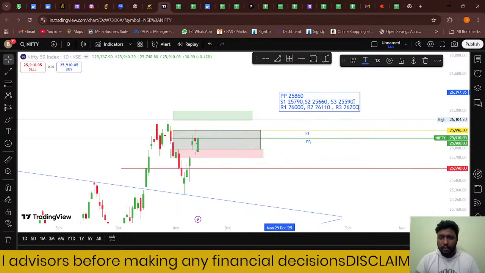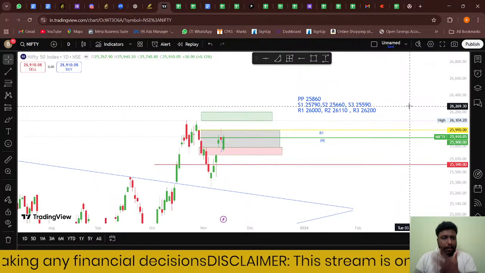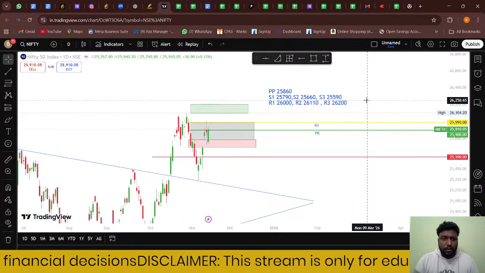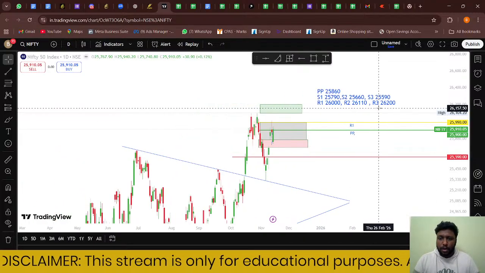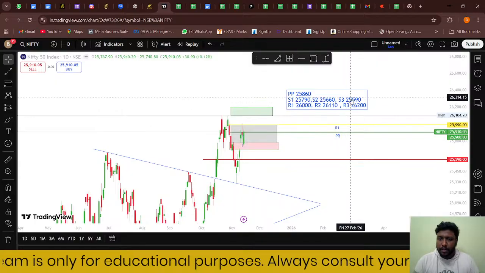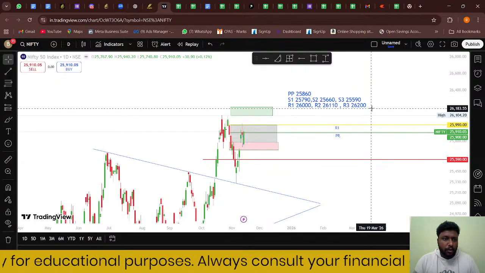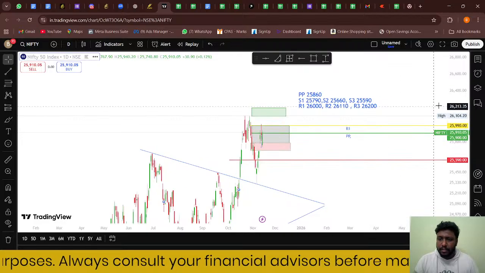So these are the three support and resistance levels for the day with respect to the previous market day's closing, high and low value. We have considered the pivot point and made our support 1, 2 and 3, and the same in the resistance case also.